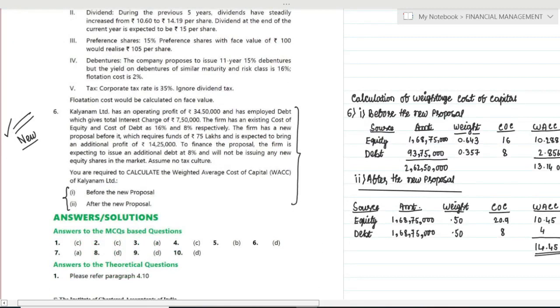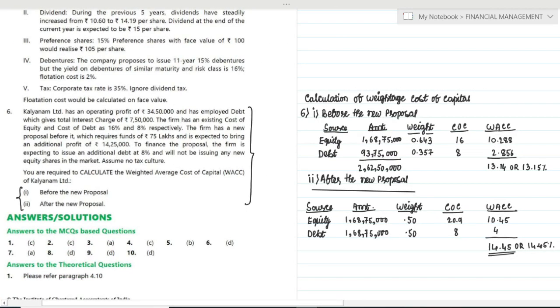Now we will do another question, that is question number 6. So this is a question of Kalyanam. Kalyanam Limited has an operating profit of 34 lakh 50,000, has employed debt which gives total interest charge of 7.5 lakh.